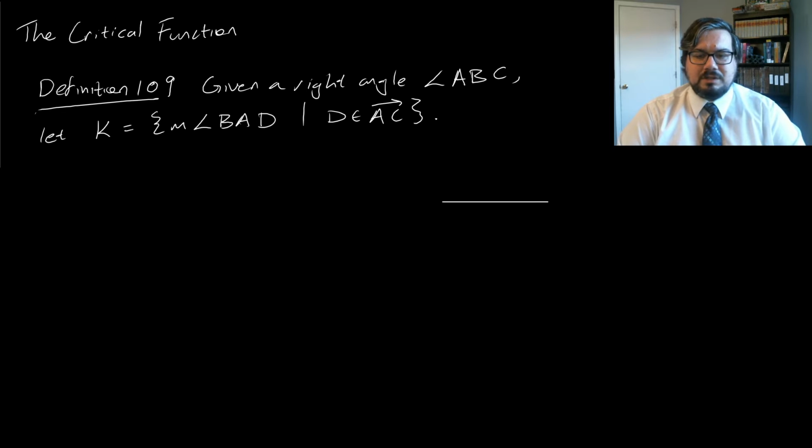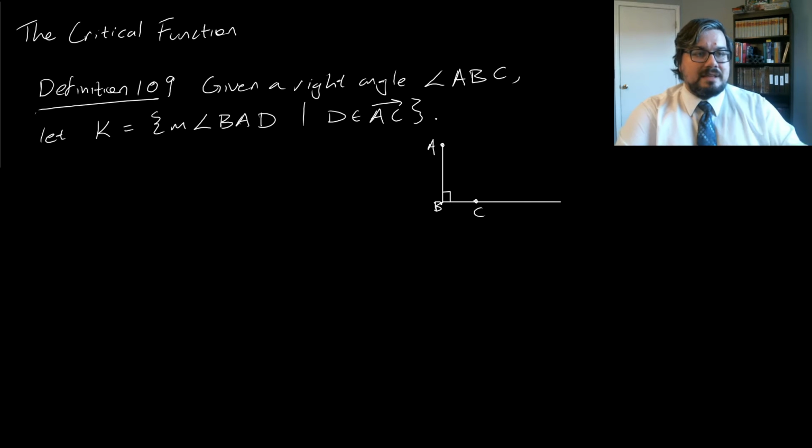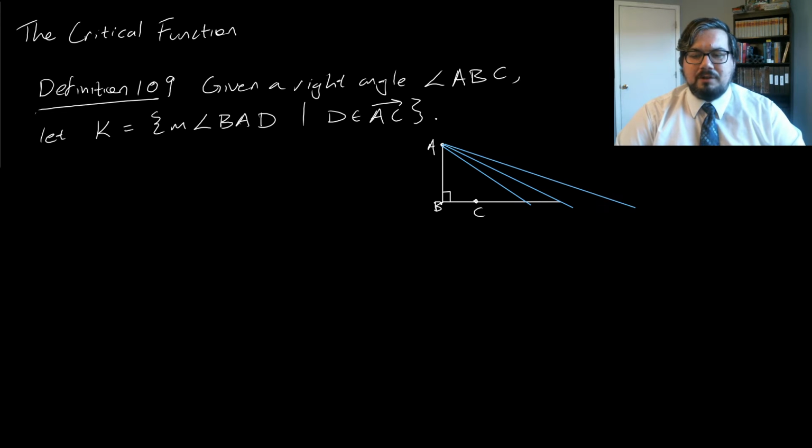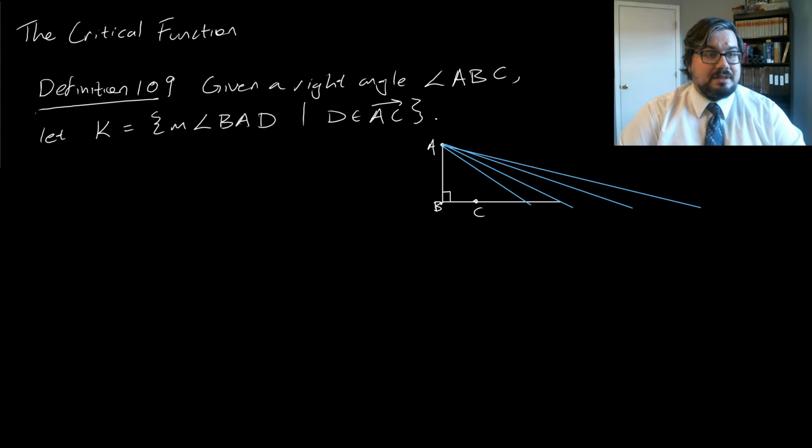The picture of what's going on here is that we have a right angle like this with a point A, point B, point C somewhere here. And then basically what we're doing is we're looking at the angle measures that we get when we take all the rays that intersect the line BC.